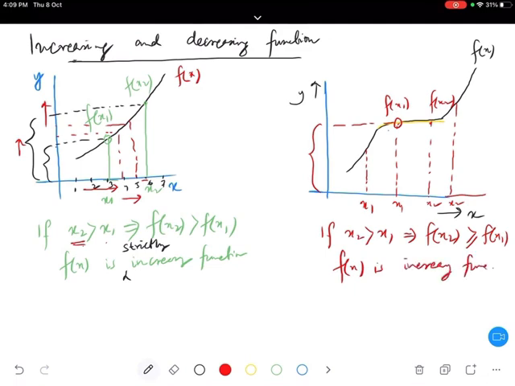इसके लिए मैं बोलूंगा increasing function. Previously it was strictly increasing function. Here it is increasing function. Why? Because for any two values of x, I can have values of f(x) to be equal also. Everyone got this one? Yes or no?